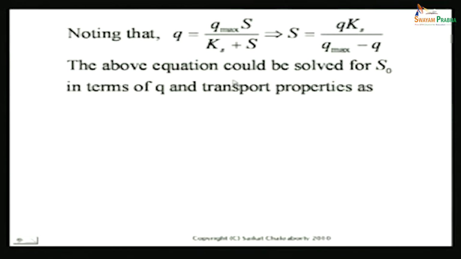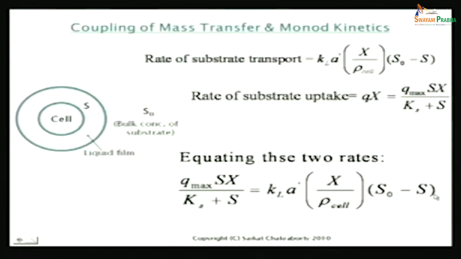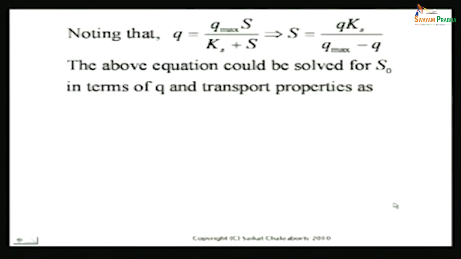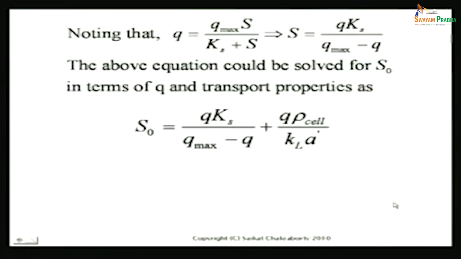Once you do that, S becomes Q times Ks over Q max minus Q. Then you can put this S back into the equation in terms of all other variables. This becomes a linear equation in S0, and you can solve for S0 straight away, and this is what you get.